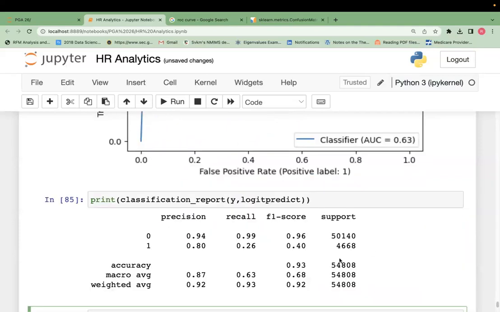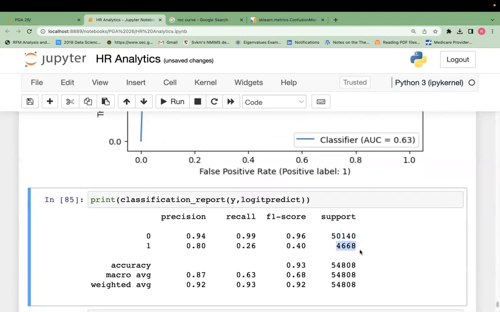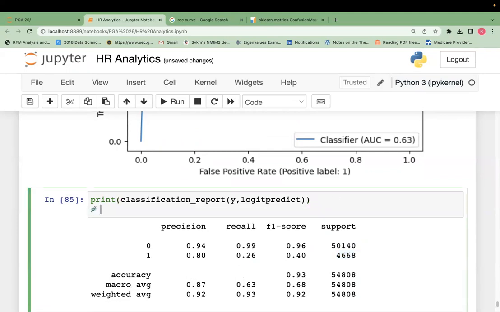So in the classification report, you can see here precision, recall, and now the problem here is there are 50,140 zeros, but only 4,668 ones in our data. We call this imbalanced data in the dependent variable.